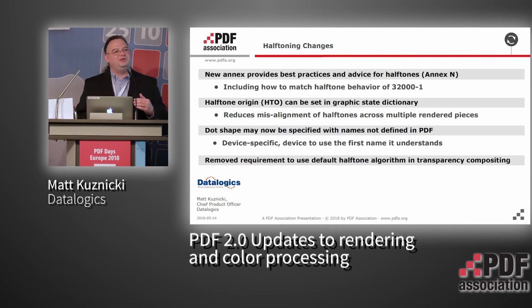Your receiver will use the first name that it actually understands and knows what to do with. So if you have a fallback, for example, of a normal dot shape, then if you use a custom dot shape that's not defined in PDF 2.0, that will get picked up if the recipient of your file or your processor knows what that is. Otherwise, you'll default to that normal dot shape.